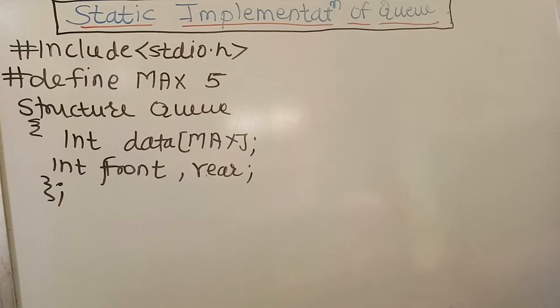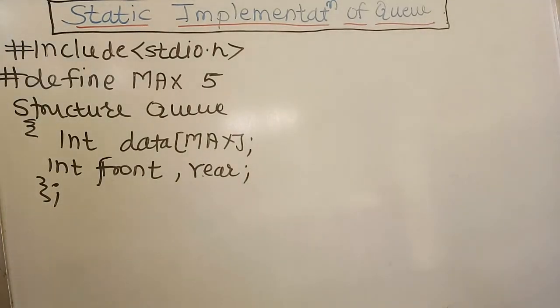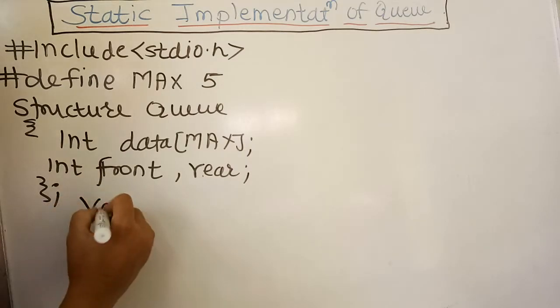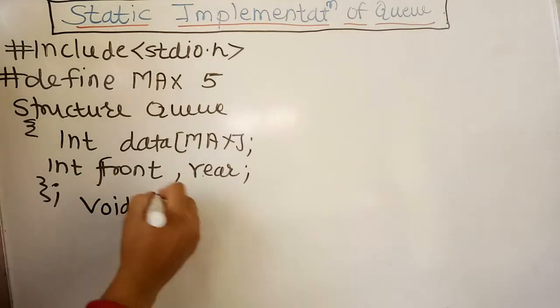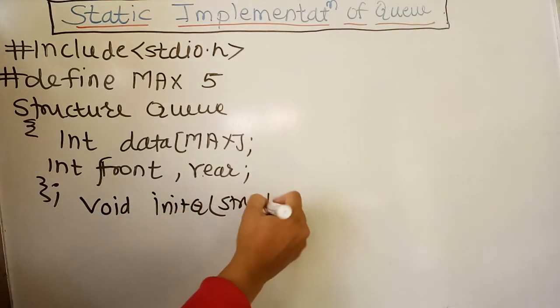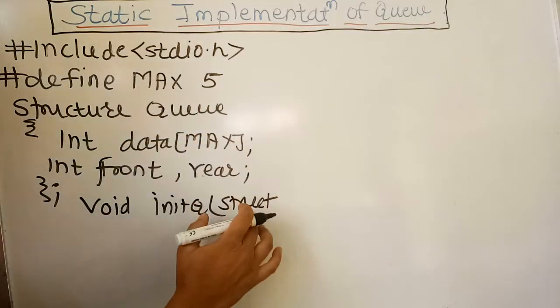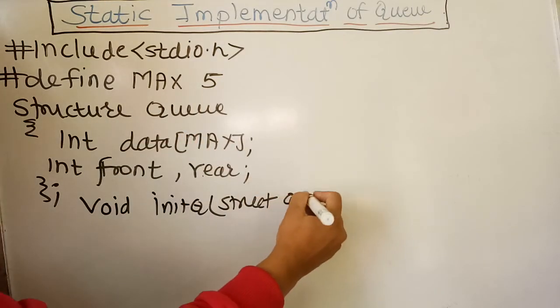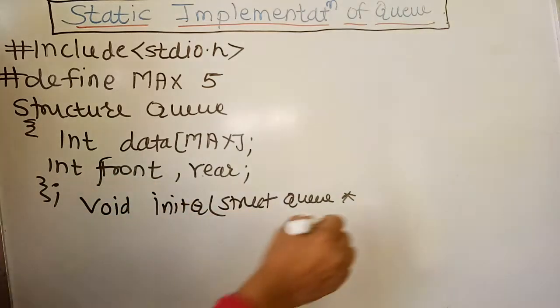Now we will start writing the different functions associated with the queue, and first is the initialization of the queue. What is the actual mechanism behind initialization? While initializing, we will set the front and rear to the -1 position, means the empty position. So for that, I will write void init queue function. It is having the parameter of type struct queue star q.